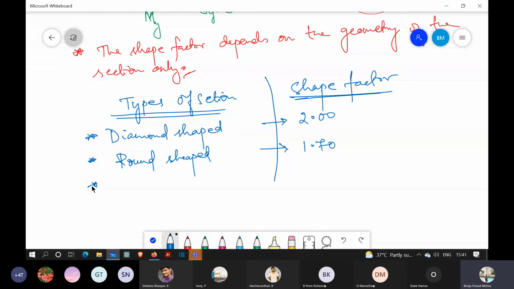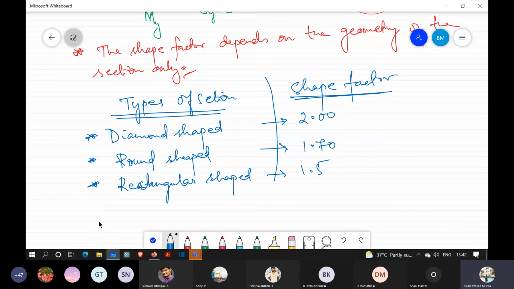Next, for the rectangular one we have already calculated, so let me write it once again. Rectangular shaped is 1.5.